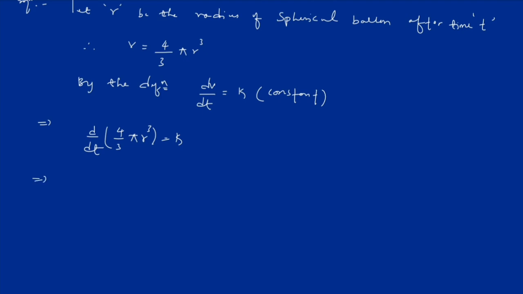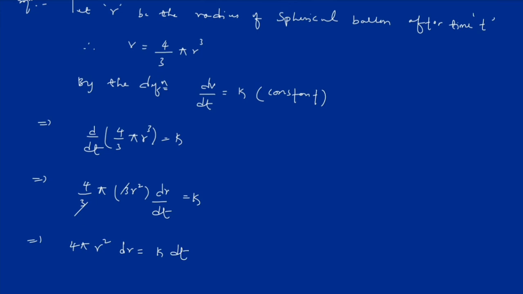Again, which implies 4 by 3 pi as it is, r cube can be differentiated as 3r square into dr by dt, which equals k. Now, 4 pi r square, the 3 gets cancelled here, 4 pi r square into dr equals k into dt.